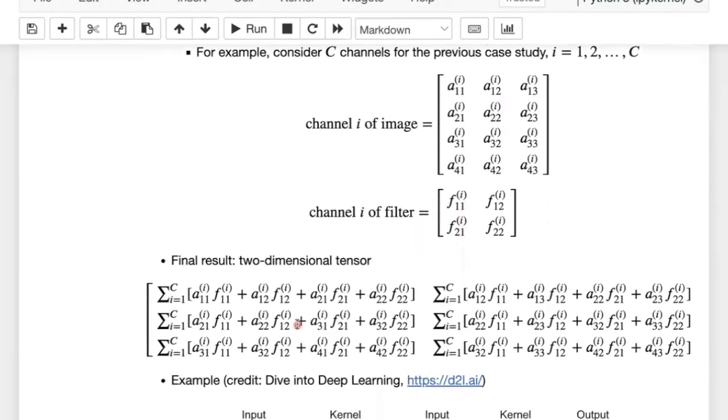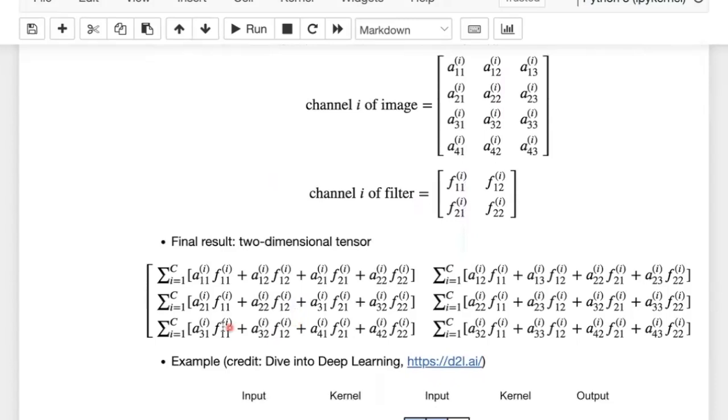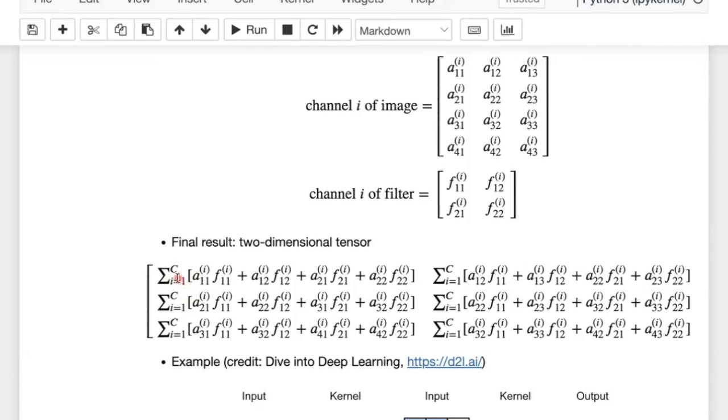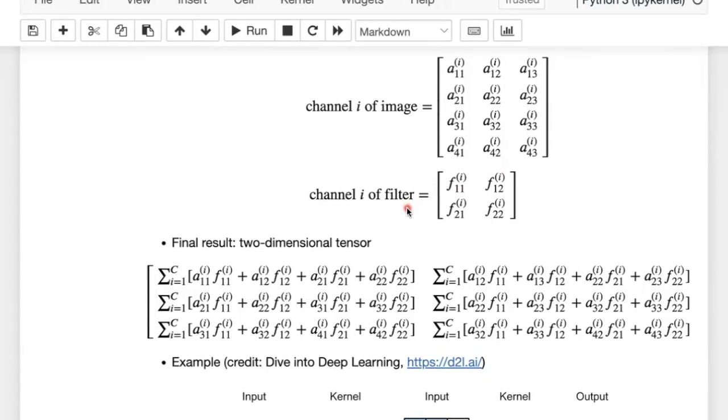So here, I revised the formula that we had before to account for the number of channels. It's exactly what we had before, if you recall. The only difference is that now I use this superscript i, and I do this summation i from 1 to C. So that's something very important to remember here: if you have an image or input that has multiple channels, let's say 3 channels, then the kernel or filter must have the same number of channels.